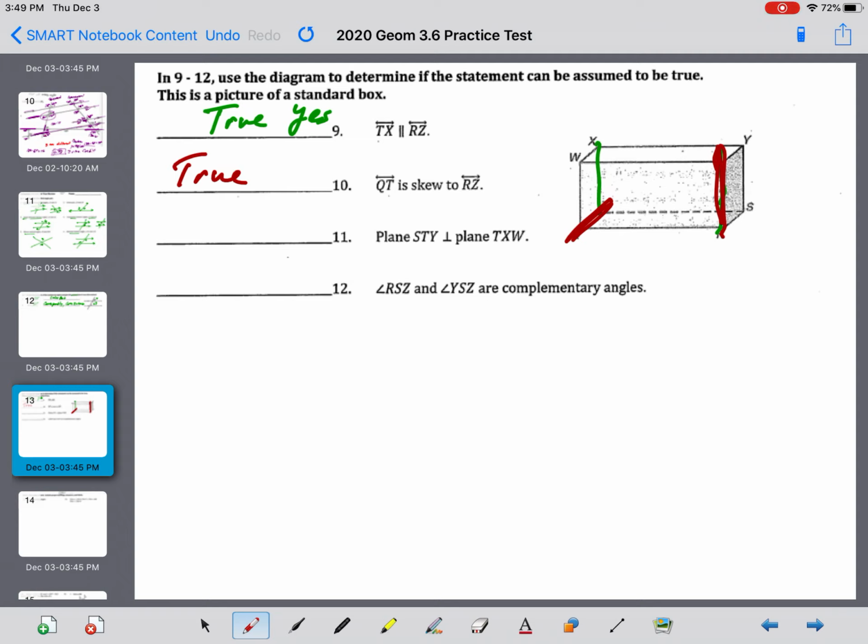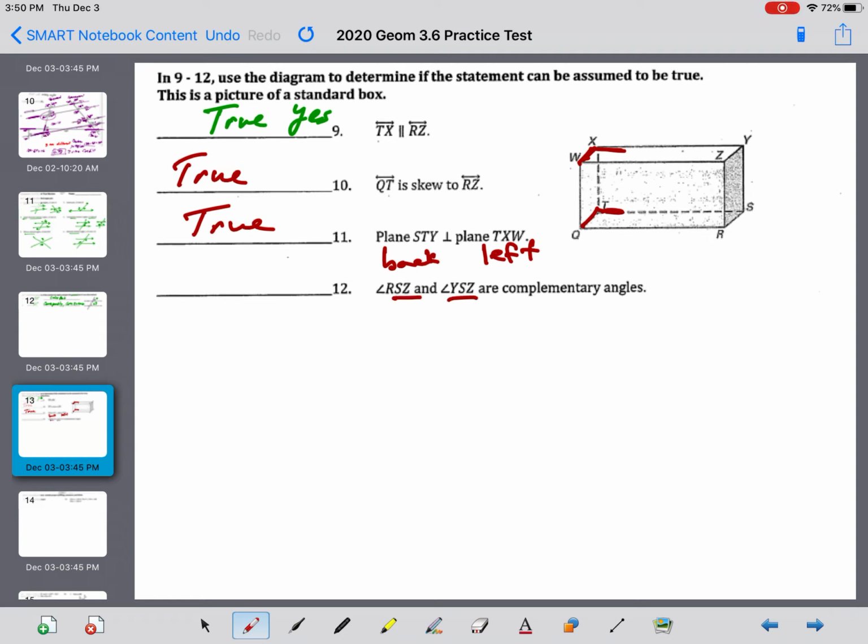How about these planes? Are these perpendicular planes? Plane STY, I have to erase this so I can see my letters here. Plane STY is like the back of the box, and plane TXW is the left side of the box. Yeah, they're perpendicular. They make a 90-degree angle with each other back here, and down here.